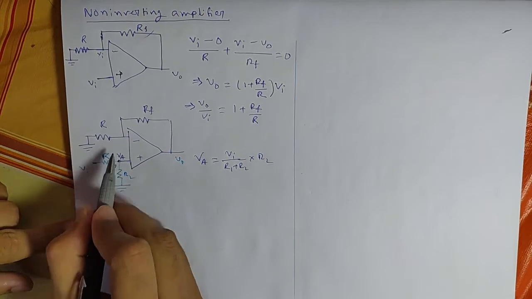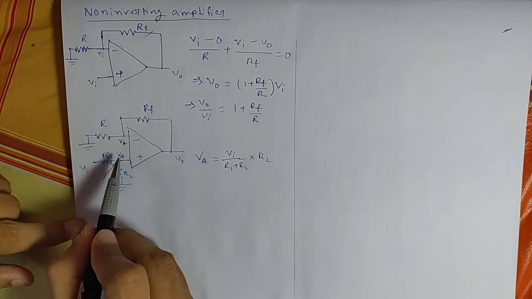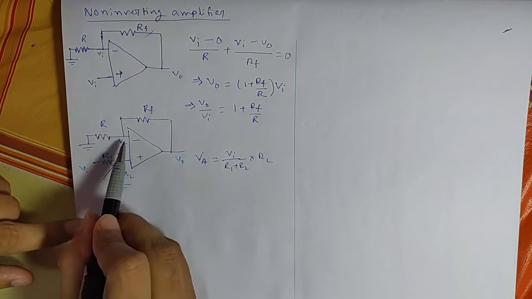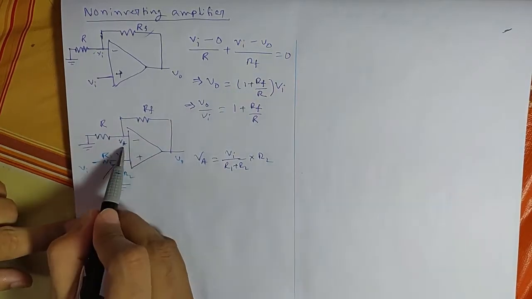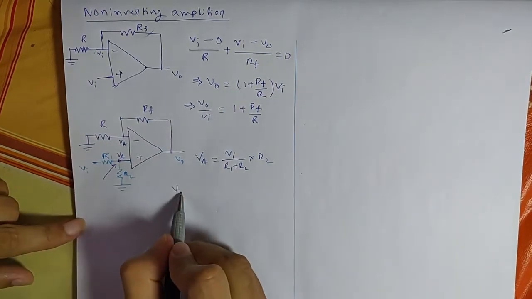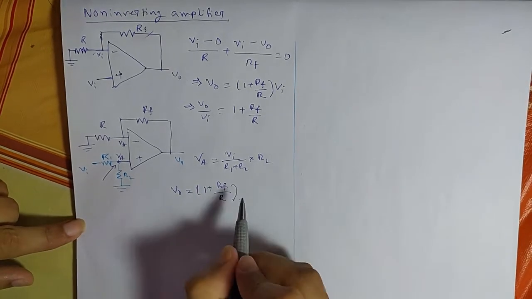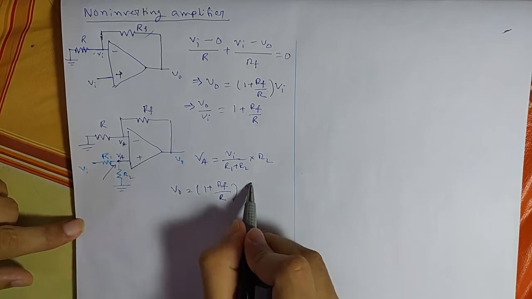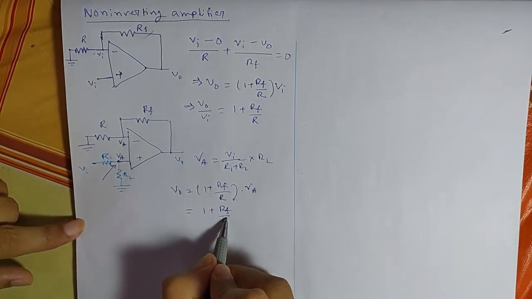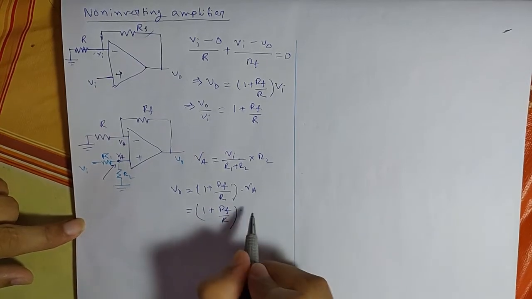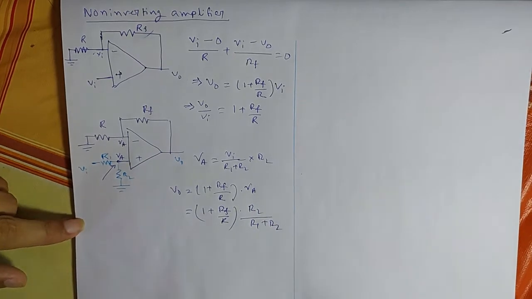This means the voltage at the other terminal is also Va, and you already know that when that voltage was Vi, the output was Vi into this factor. So if this node voltage is Va, V0 will be (1 plus Rf by R) into Va, equals (1 plus Rf by R) into R2 by (R1 plus R2).